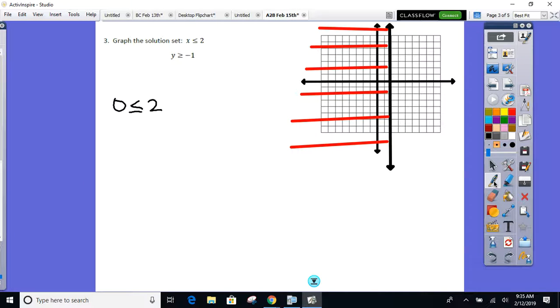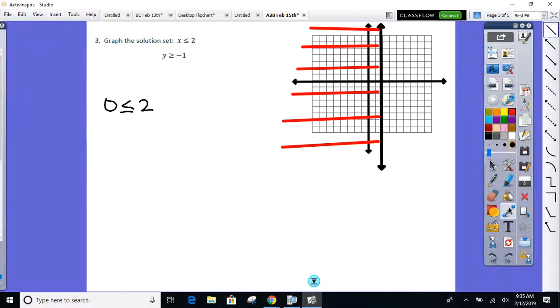And how do you think you graph y is greater than or equal to -1? What type of line is y now? Horizontal, going through -1. You guys are on fire. So going through -1, solid or dashed? Solid.